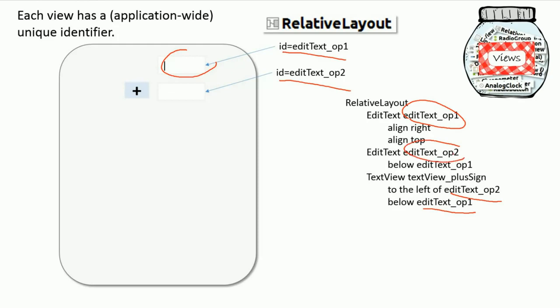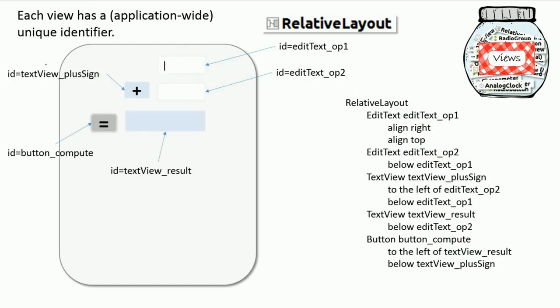So I can specify my layout without ambiguity anymore. The ID must be unique within your application. There are various naming conventions around, but personally I compute the ID of my view using the kind of view followed by something related to the information or action associated with the view. For instance, this view is a button and it triggers the computation.